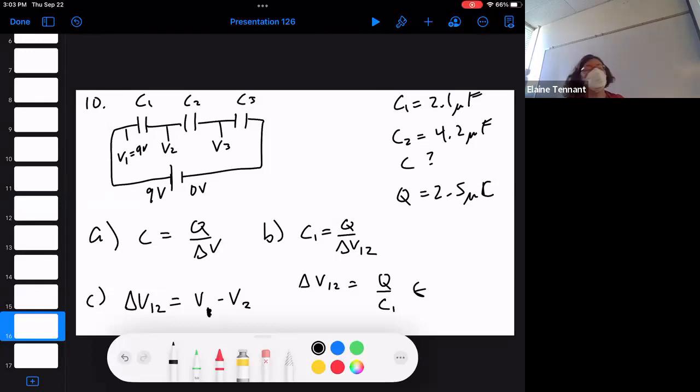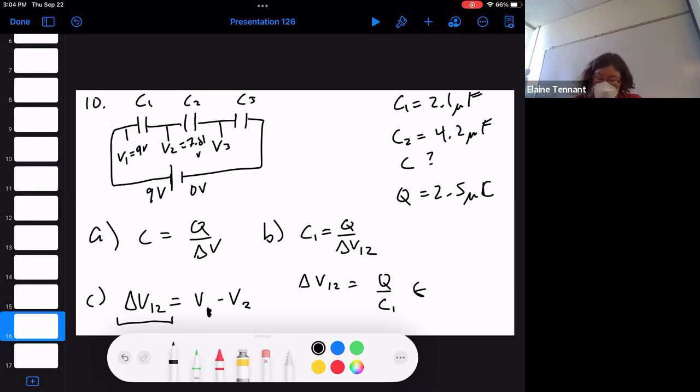So we need to start at 9 volts and subtract off whatever the change is. Now we're at V2, 7.81 volts here. We go across the next capacitor and drop off another chunk. Whatever's left over will be what's dropped off the third capacitor.